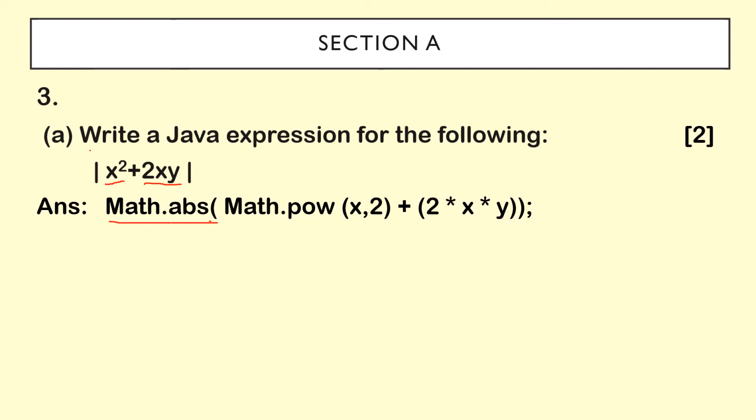Here we take the entire expression inside this ABS according to the equation, and Math.pow, and we need the power for x to the power 2. So we need two arguments over here, plus the multiplication 2 into x into y, ending with a semicolon. Java expressions or statements generally end with a semicolon, so here also we'll use a semicolon to end it.